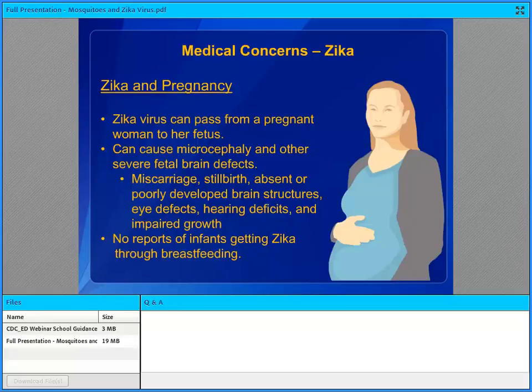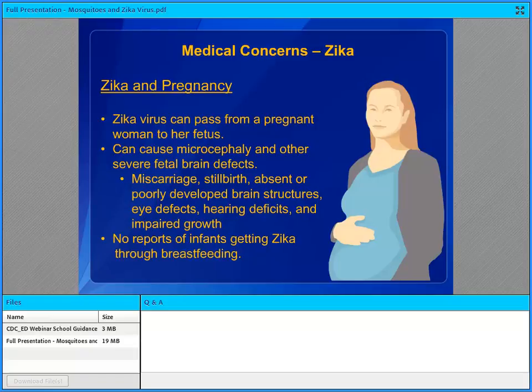Microcephaly is the lesser development of the human skull, and the virus actually also attacks the brain tissue, and the brain doesn't grow to fit the now smaller skull. So you have a smaller brain inside a smaller skull, which has serious ramifications for the development of the child.